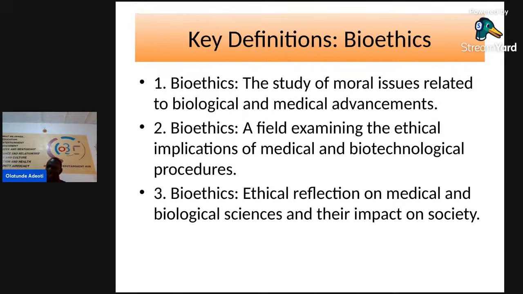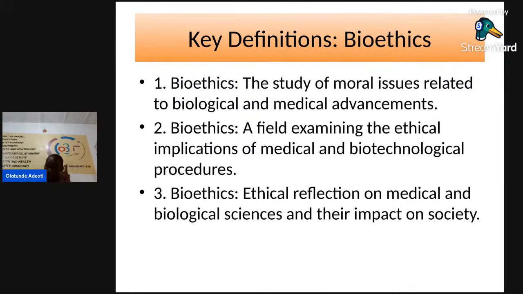Edward Jenner collected, cultured, or rather isolated, let me use that word, isolated the live smallpox, and introduced it into his own son. Although the child recovered after some time, and that laid a very good foundation for what is called vaccination. So although the product of unethical practices is saving lives, that does not make it right.